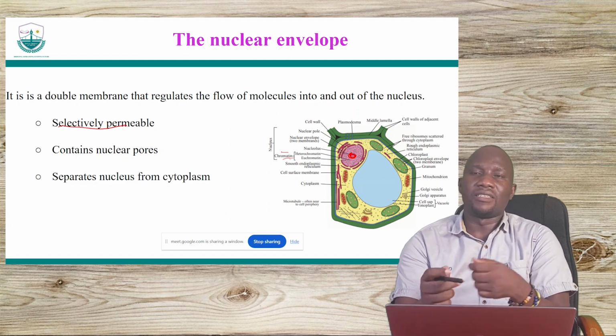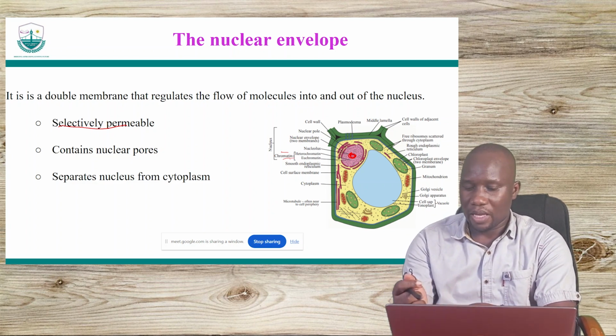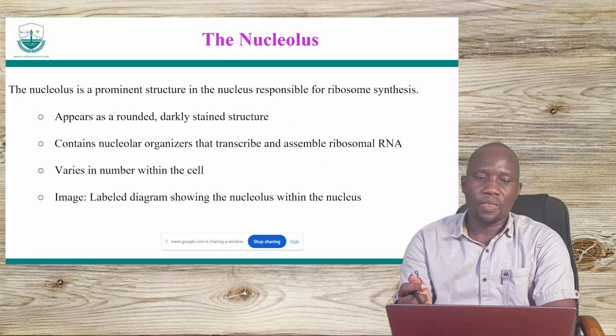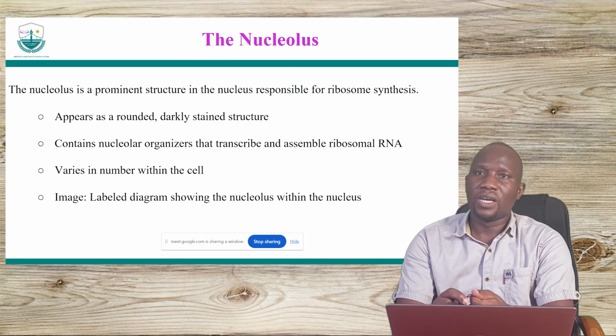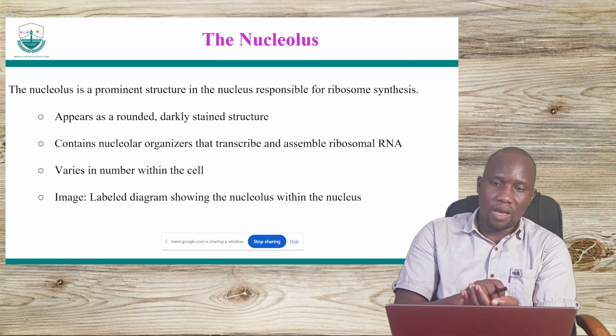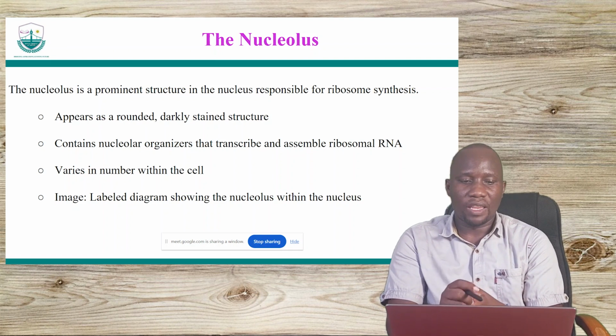These are basically coiled chromosomes, just like what I've just described. It appears round and it stains darker because of the genetic material that we find there.